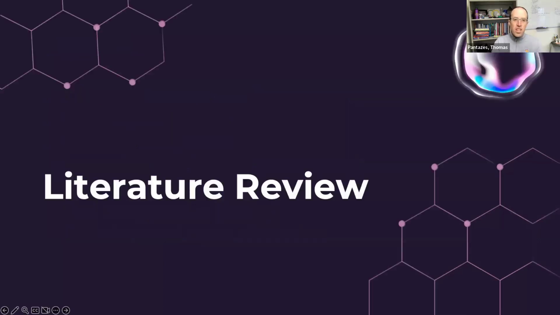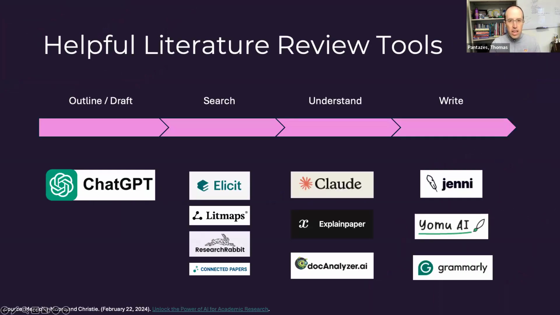So I'm going to get us started with the first thing on the agenda, which was the research process and literature review and some of the ways in which AI tools can help you with those things. This slide here that you're looking at is one that we pulled from a presentation that we experienced back in February.